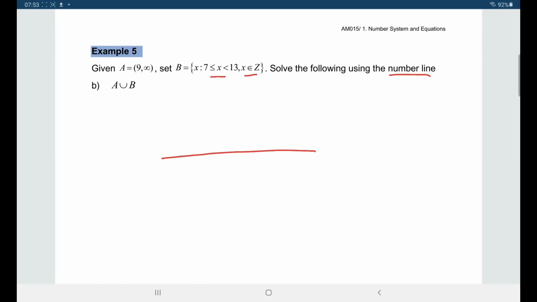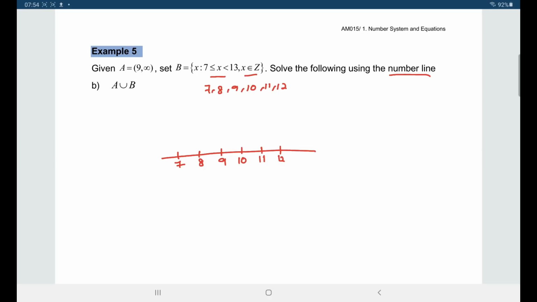Okay, from both A and set B, the smaller value to higher value are 7, 8, 9, 10, 11, 12 and infinity. Mark the values on the number line: 7, 8, 9, 10, 11, 12 and infinity.